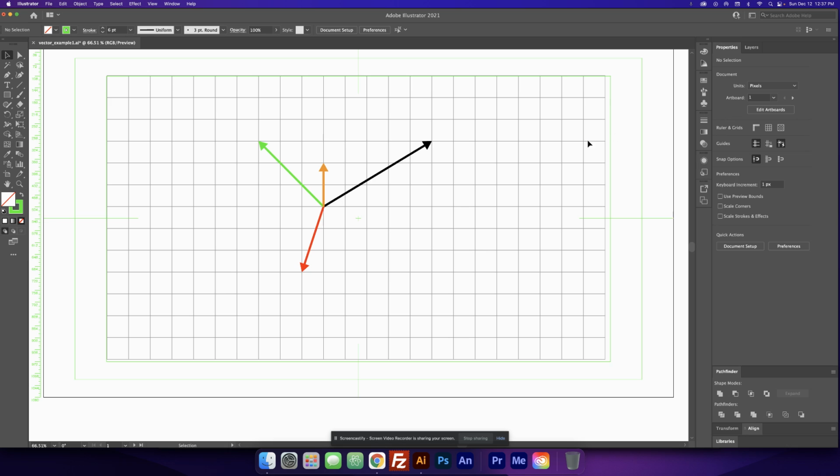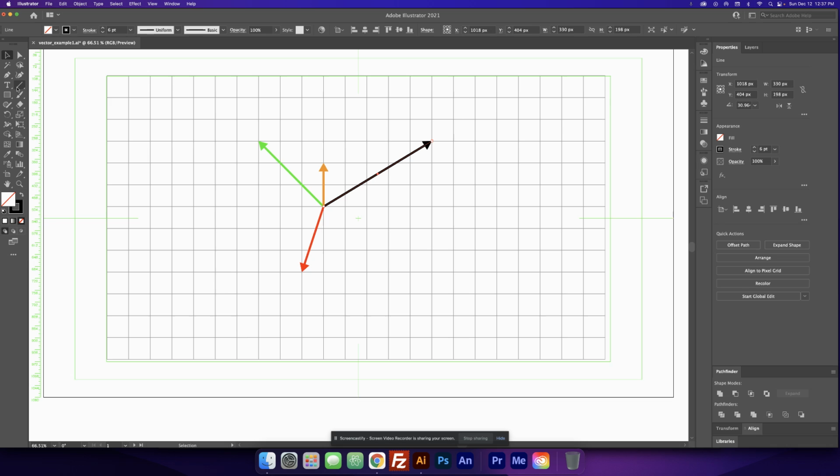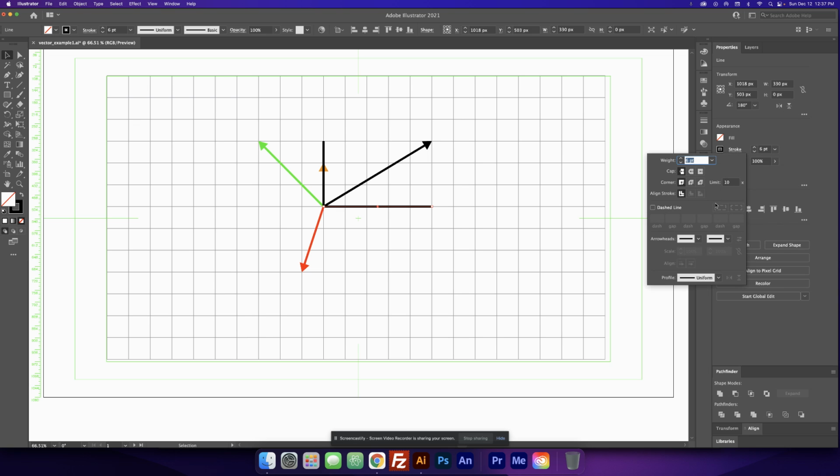So let's turn the black one into its x and y, and that will look like this. We'll draw that and essentially that too right there. I didn't give them arrowheads, but I can.